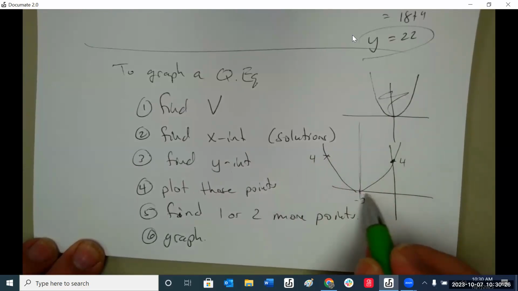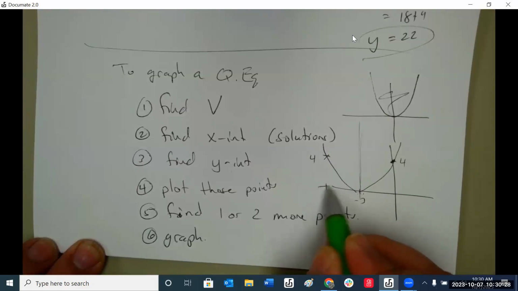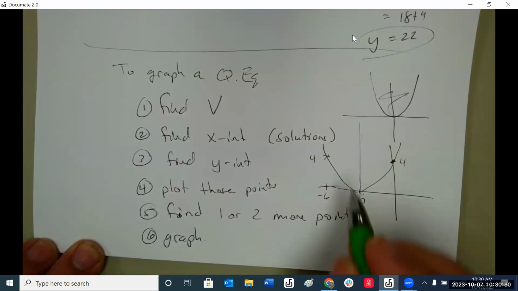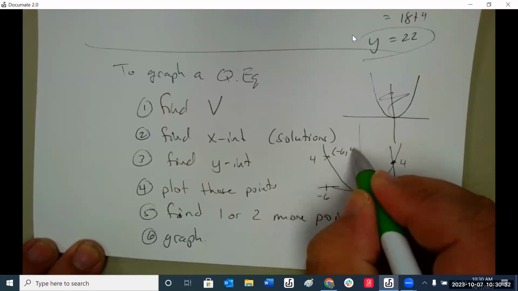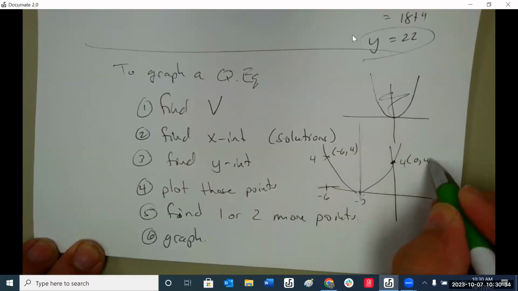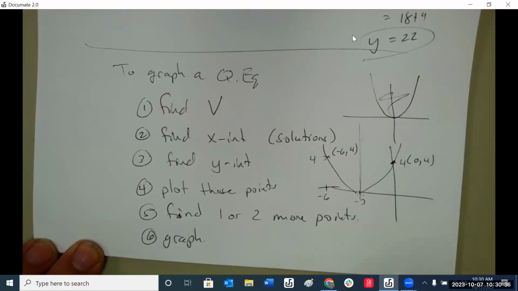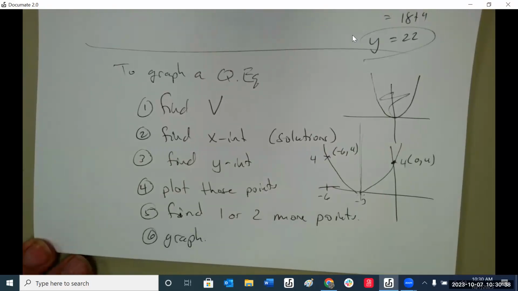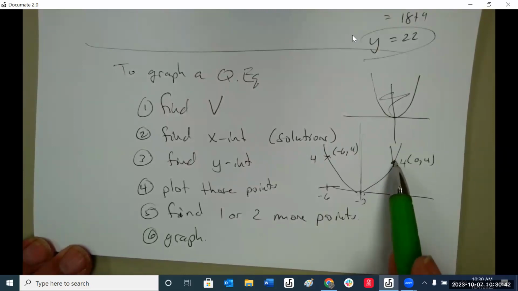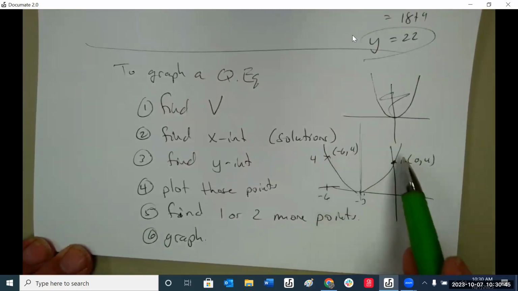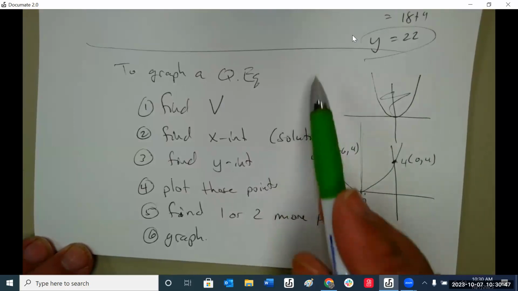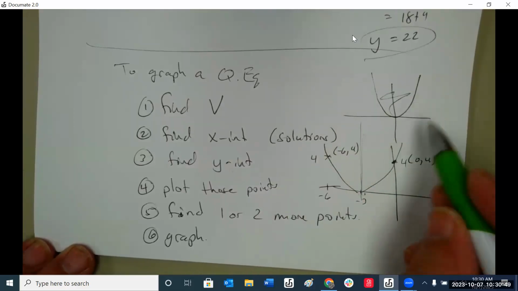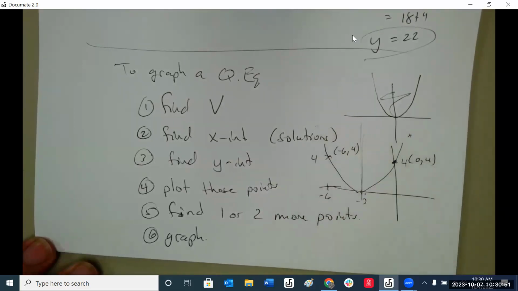Since it's 3 to the right of the axis here, we go 3 to the left, that's at -6. So this point is (-6, 4). This one is (0, 4). So by symmetry, we could tell. Plot the points. Once you have the vertex, the intercept, and its mirror point, you really need just one more point. Plot those points and you're done.